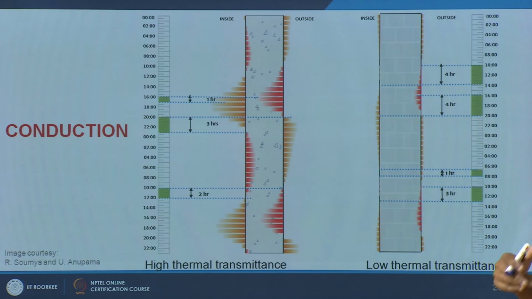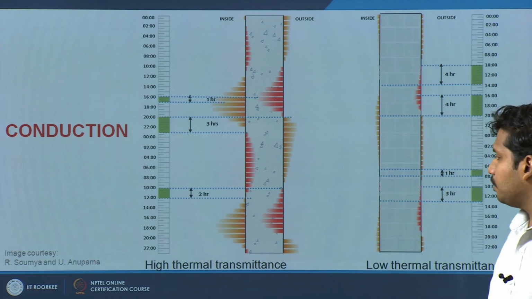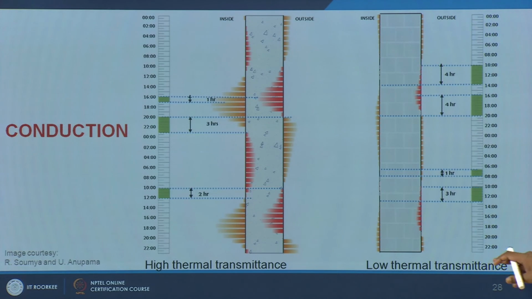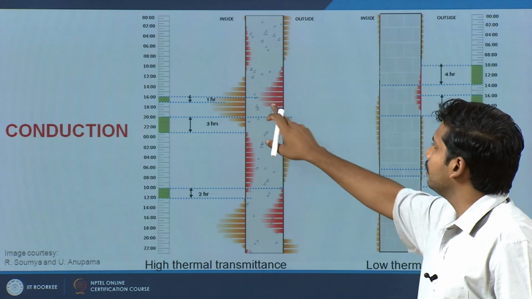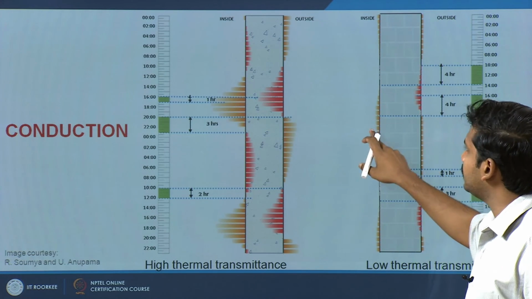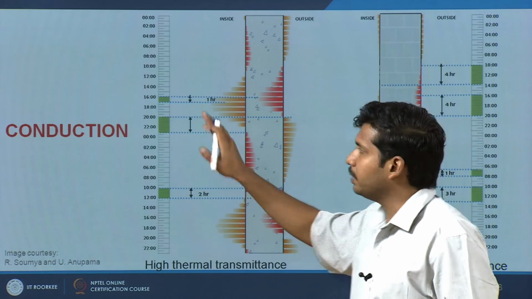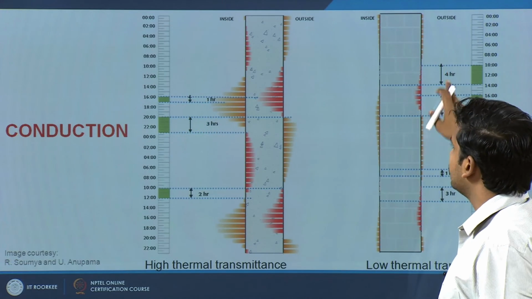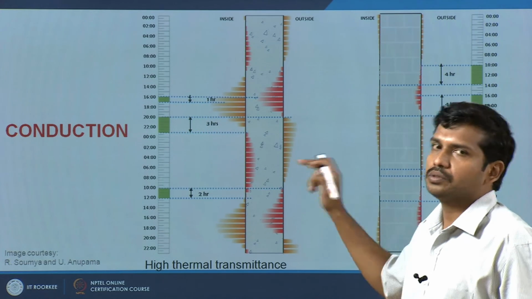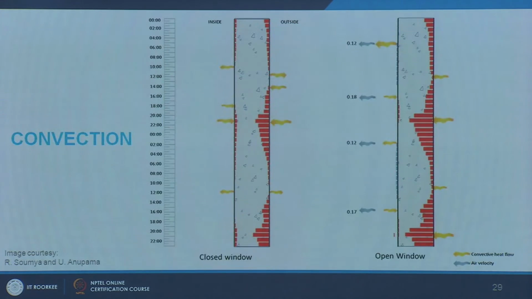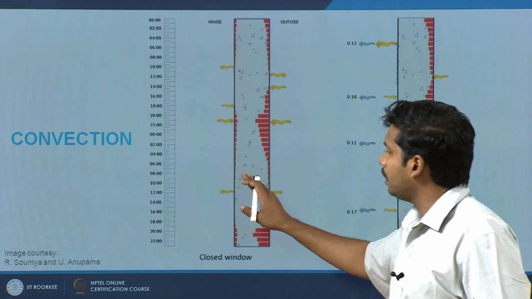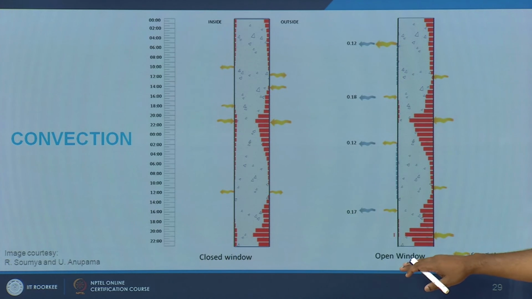Looking back at what we were seeing in the first slide, imagine a material with high thermal transmittance and low thermal transmittance. The heat build-up considerably varies, because of which the heat transmitted indoors varies. Along with that, the time taken for heat transfer also varies. We will look at this further in detail. This is how convective heat transfer happens: the same wall with a closed window, the same wall with an open window.